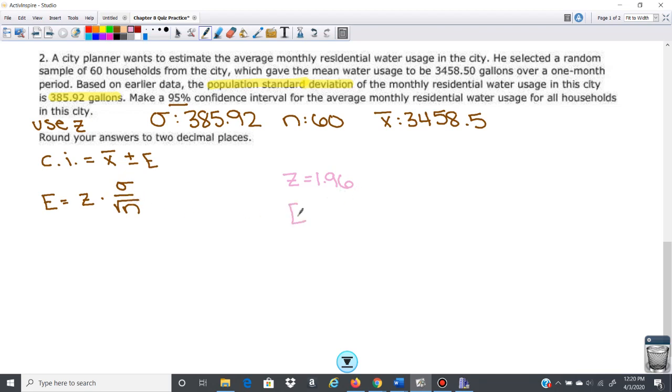Our margin of error will be 1.96 times 385.92 over the square root of 60.